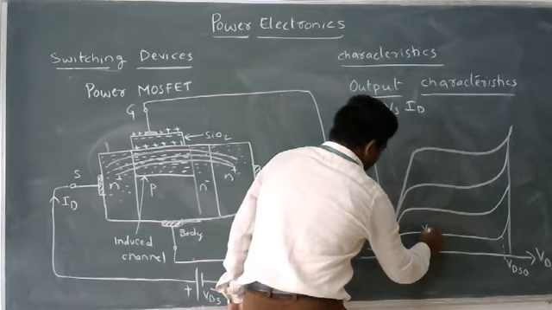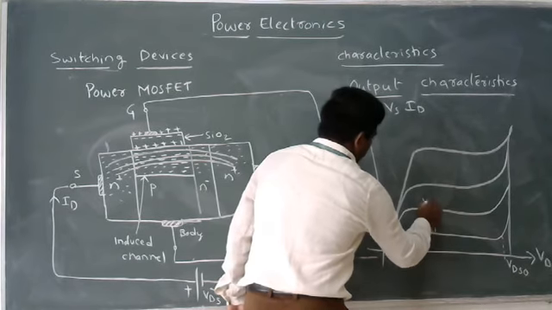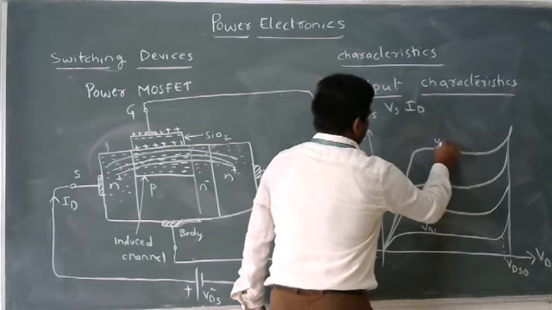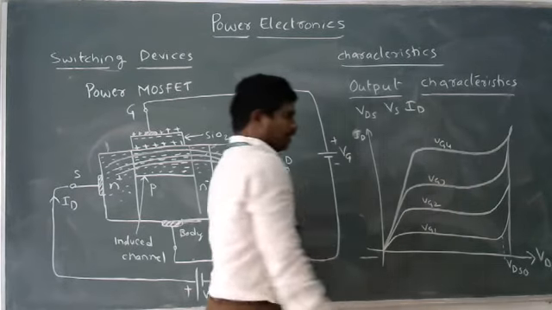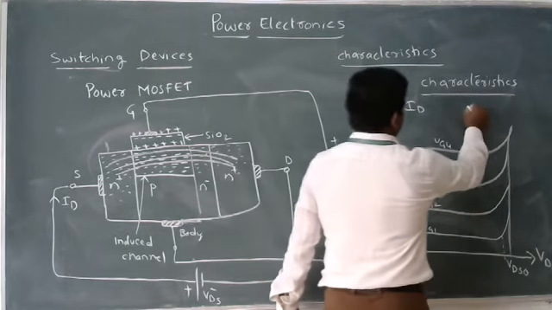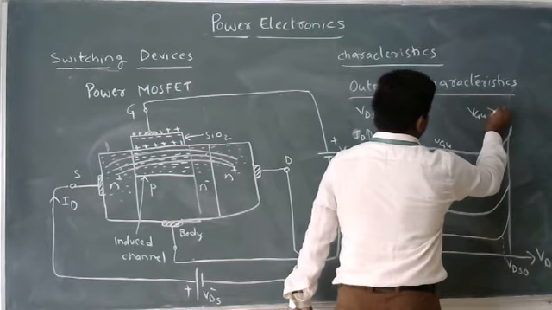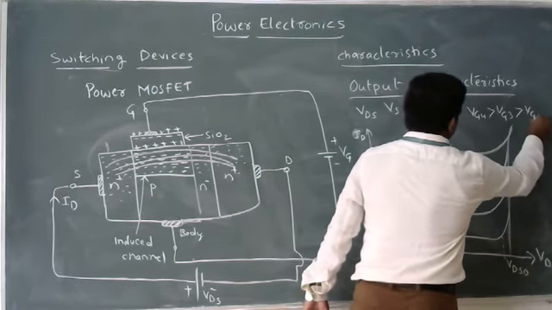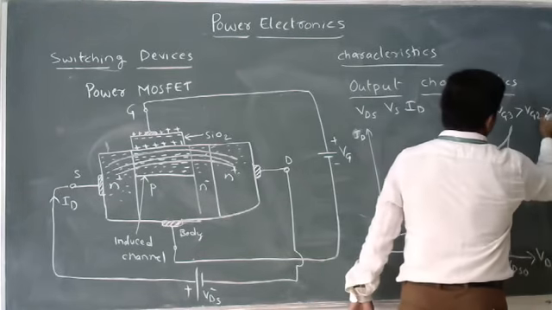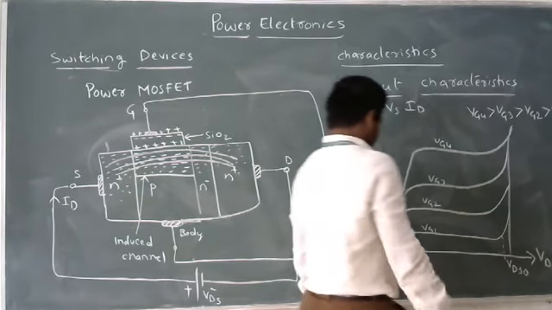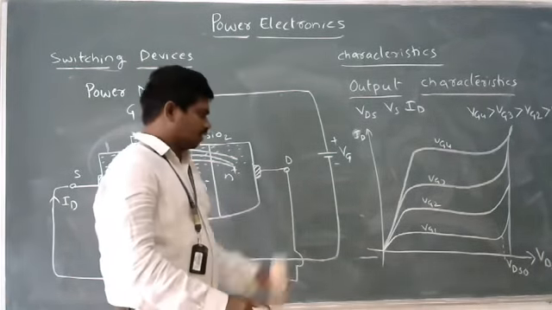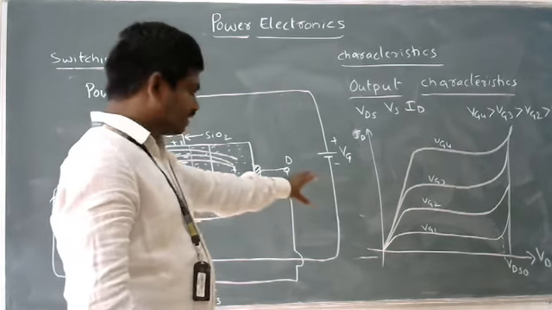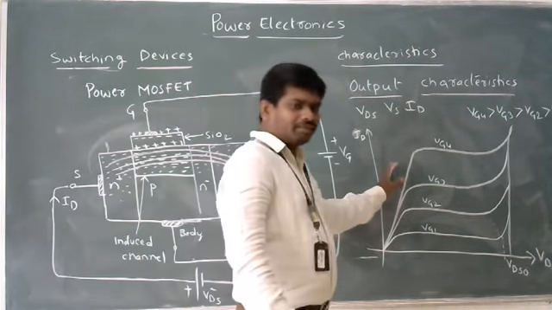This is VG1, VG2, VG3, VG4, and I am saying here VG4 is greater than VG3, is greater than VG2, is greater than VG1. Okay? So these are the output characteristics, and we can say these characteristics consist of three main regions.